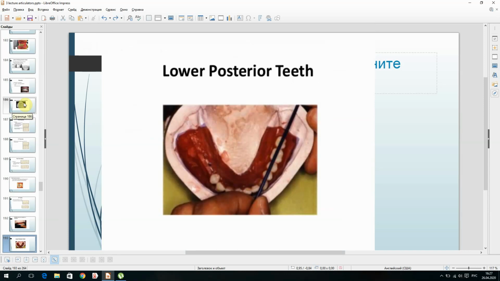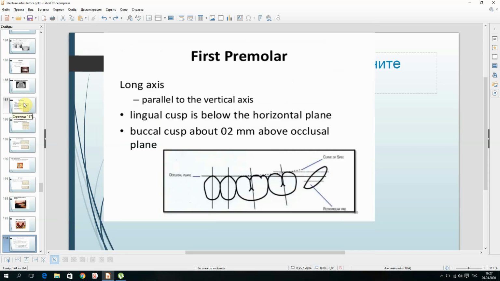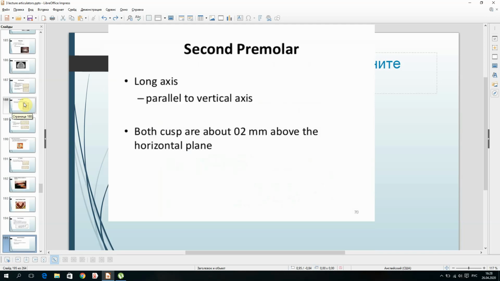Lower posterior teeth. First premolar long axis parallel to the vertical axis. Lingual cusp is below the horizontal plane. Buccal cusp about 0.2 mm above the occlusal plane. Second premolar long axis parallel to vertical axis. Both cusps are about 0.2 mm above the horizontal plane.